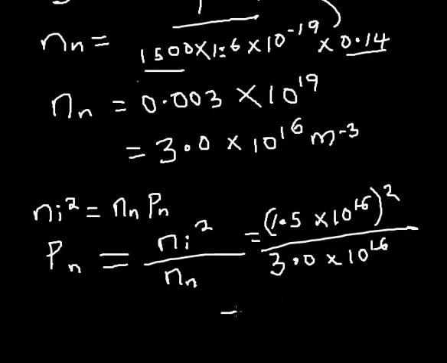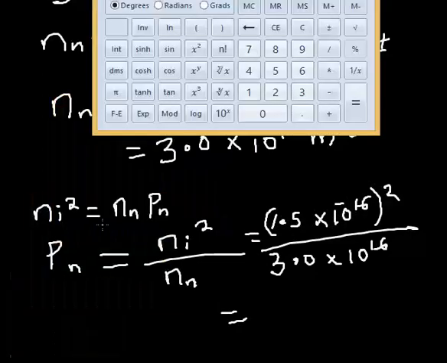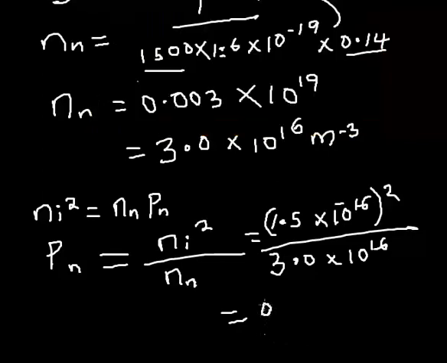So I would do 1.5 square, then 10 raised to the power 16 square, which gives me 10 raised to the power of 32. 1.5 square divided by 3 gives 0.75 for just the numbers.